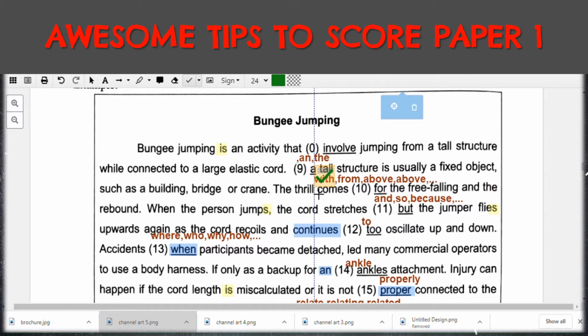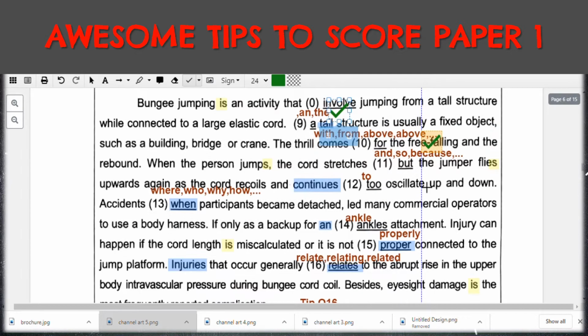So you're only left with 2 options, "an" and "the". So you must check. "Tall" is not started with a vowel, A-E-I-O-U. So it cannot be "an". So the only answer is "the". So the correct answer is the structure.